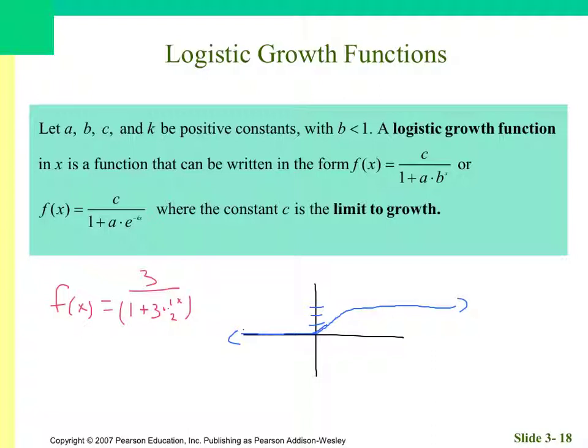See how this stops and levels off at 3? That's the limit to the growth, because the constant up there was 3. Okay? So if you have an equation set like that and they're asking you a limit, well, the limit to growth is 3.